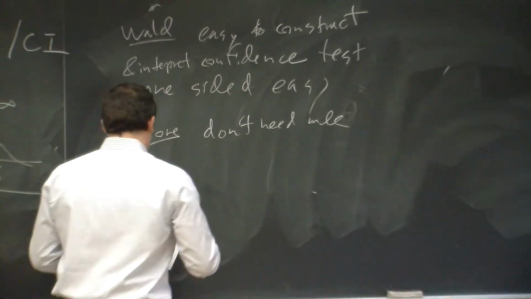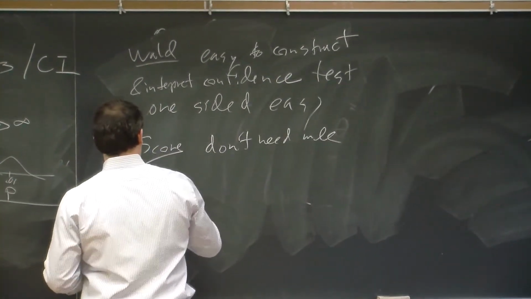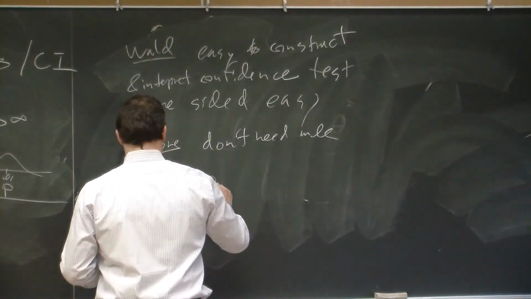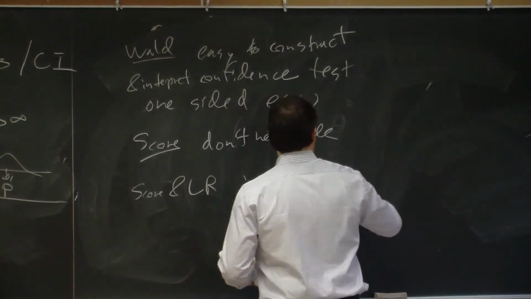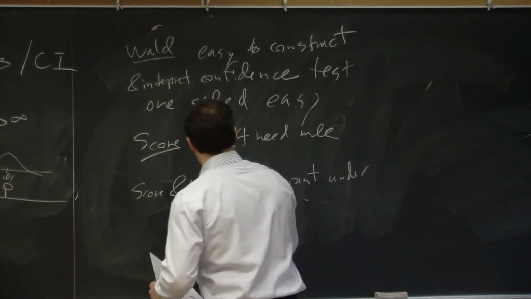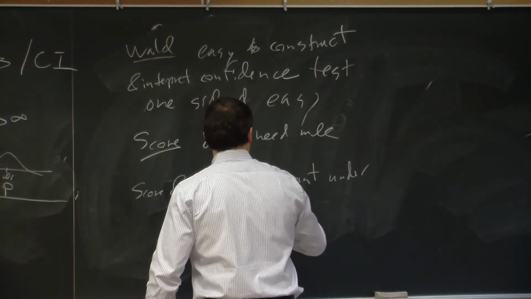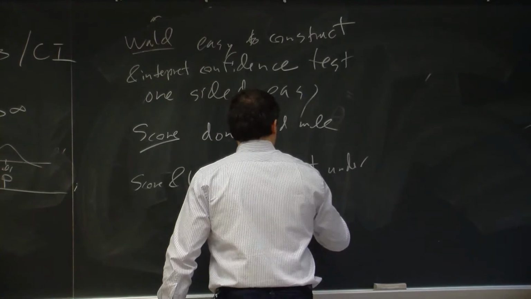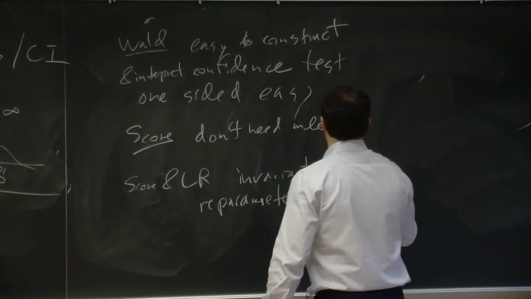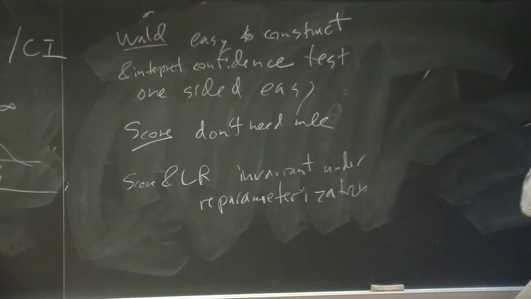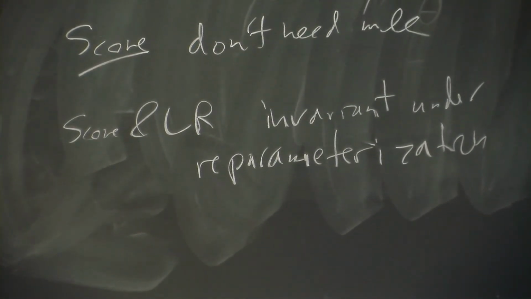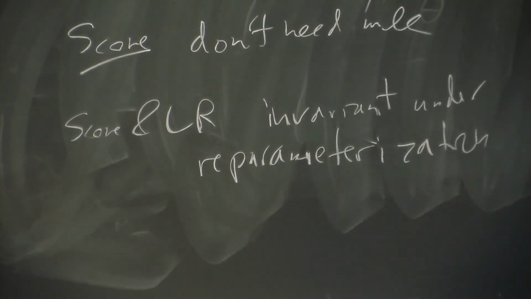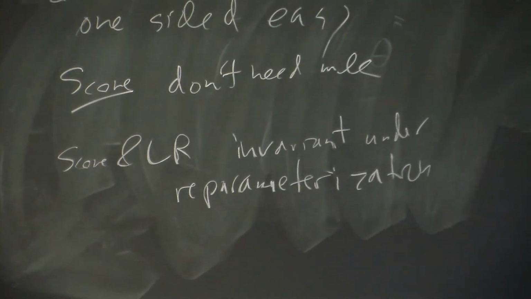And the score and the likelihood ratio are both invariant under reparameterization, which is sort of both good and bad, right? It means we can't use the reparameterization trick to improve them, but we also don't have to worry about the coordinates that we chose, right? We're not going to get a different answer if we take the log of our parameter, or we take a logistic transformation, or we do anything else.